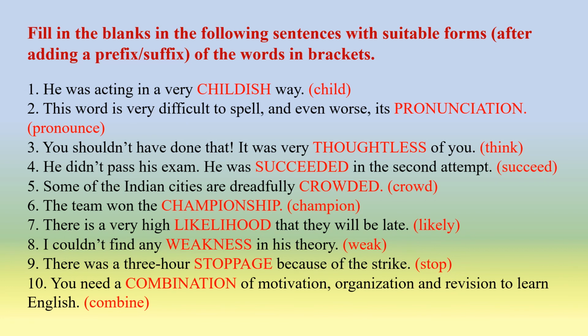He was acting in a very childish way. Why did we take childish here? Because child is the root word for the given sentence. Here, is this a prefix or a suffix? Of course, it is a suffix. We add the suffix to the root word child. So the answer, childish way.